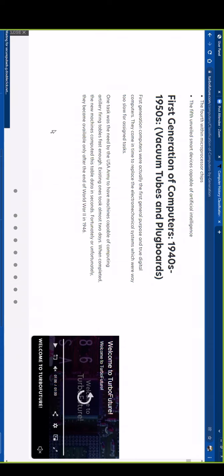Okay. So one task was given by the US Army to have a machine capable of computing artillery firing tables fast enough. So in World War II, in 1946, actually the need was there.